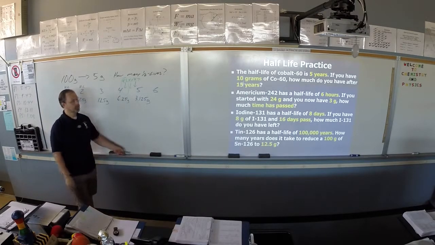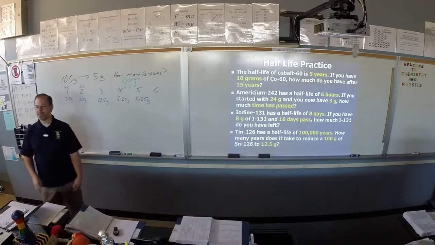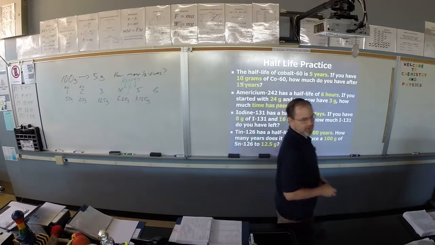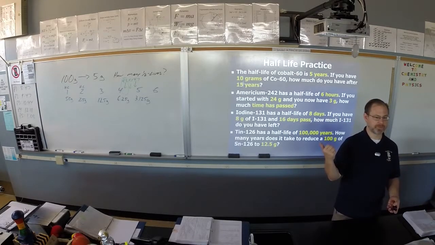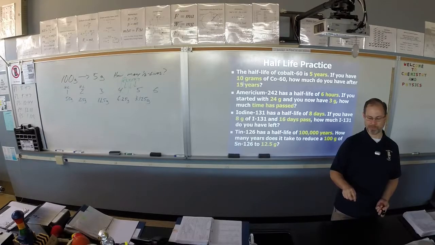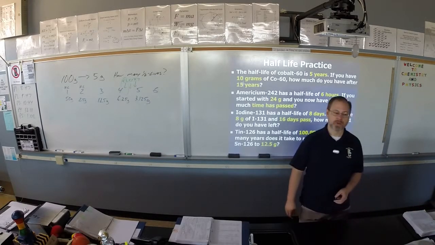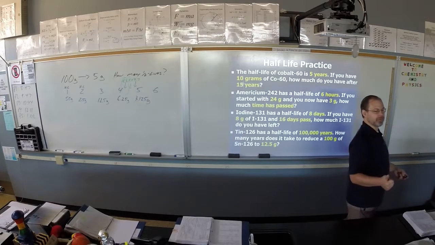Okay. And again, the math can get a little exotic when we have partial half-lives. All you got to do is estimate because your test is multiple choice. It's not going to be like 4.2, 4.3, 4.4. It's going to be like 3, 3.5, 4, 4.5. You can estimate. You're in good shape. Okay. Give me a thumbs up if you're ready to move on.